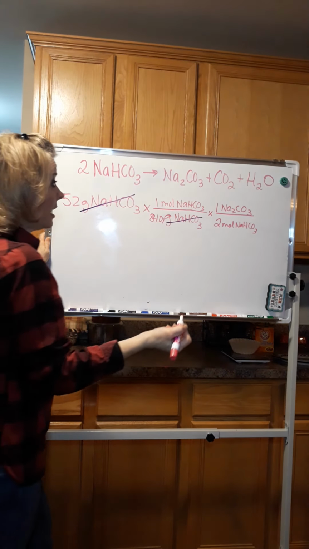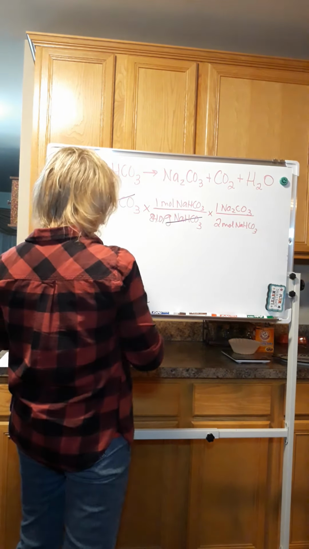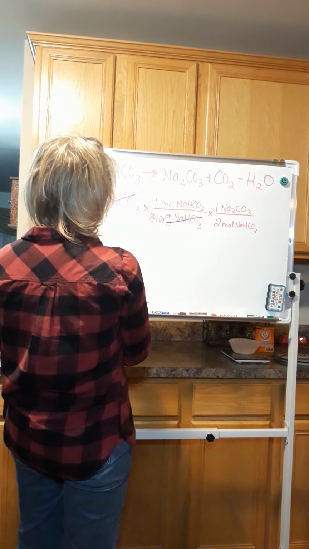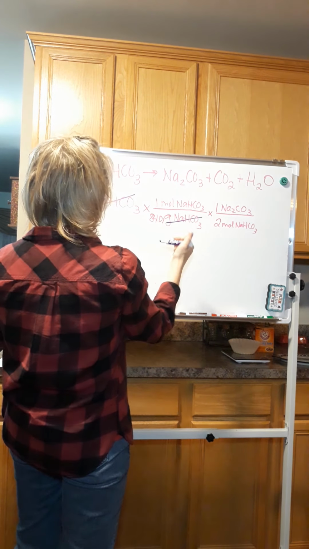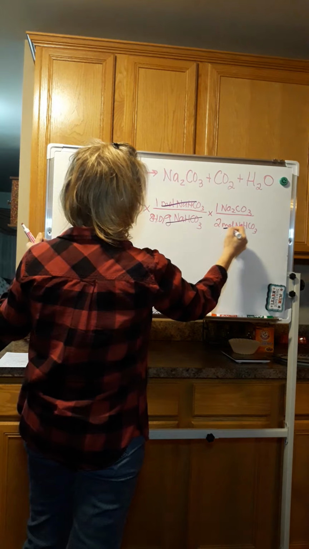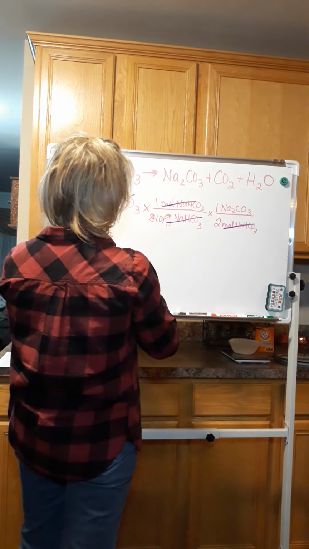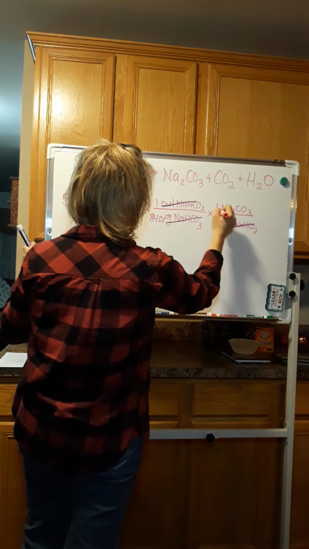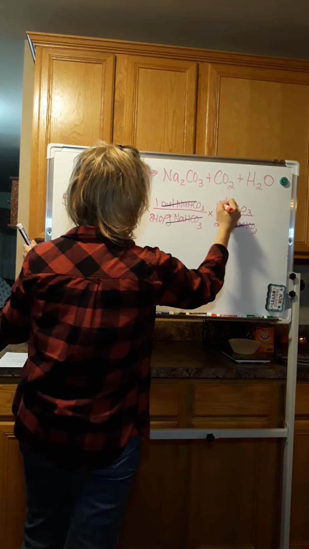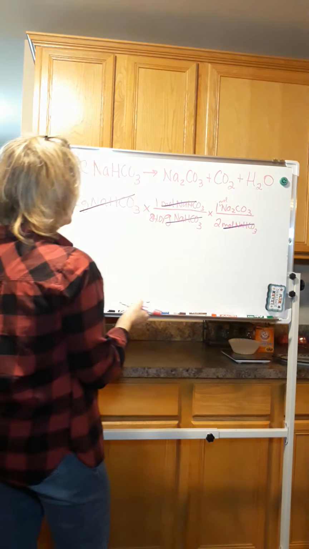And so here I can see that my moles of sodium bicarbonate are going to cancel. And then I'm left, oops, I forgot my units here, and I'm left with moles of sodium carbonate.